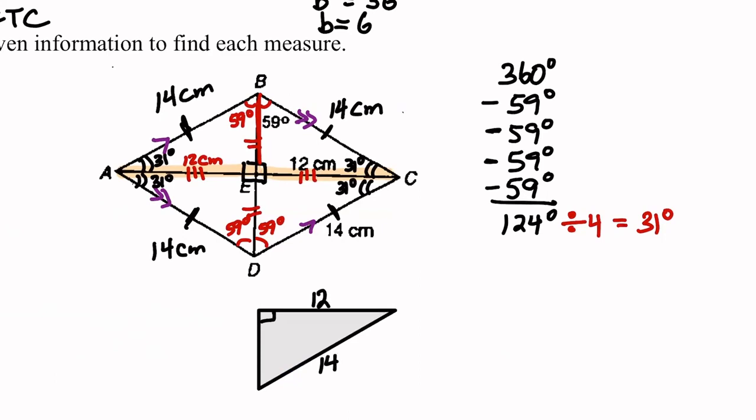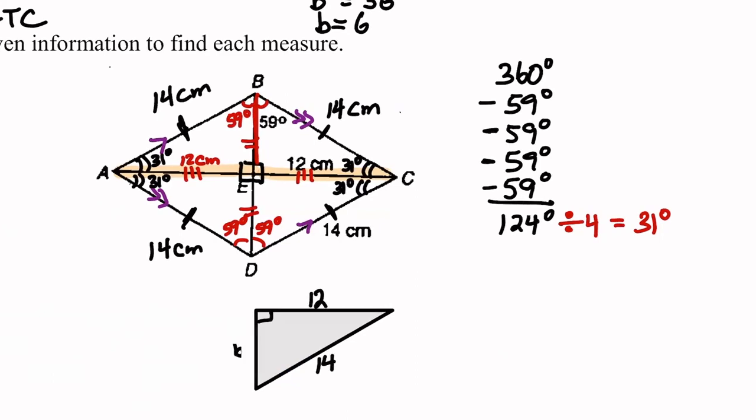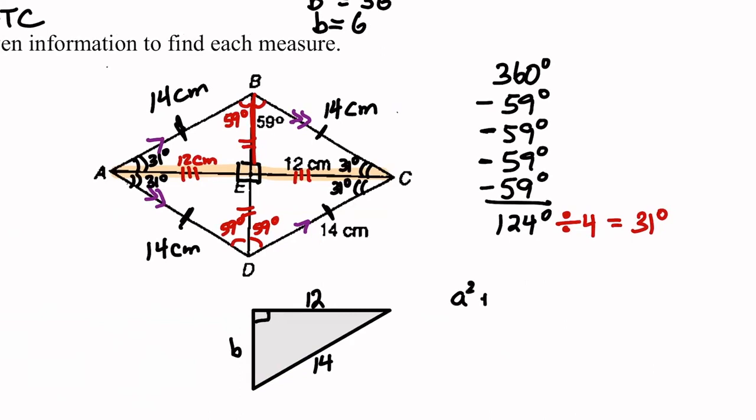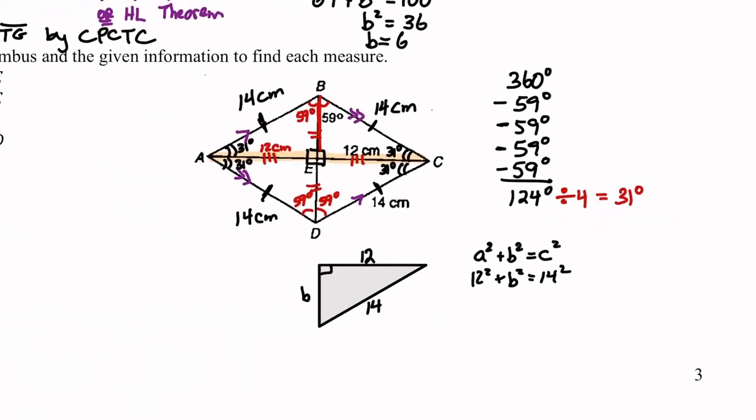I can figure out the missing side, call it B. So A squared plus B squared is equal to C squared. 12 squared plus B squared is equal to 14 squared. 144 plus B squared is equal to, oh, is that 196?